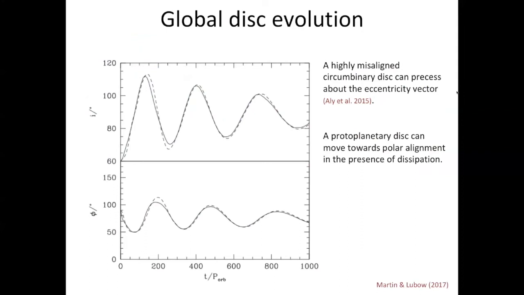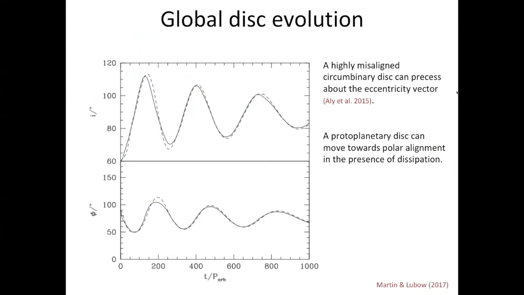This plot shows the inclination and nodal phase angle evolution for a disk that begins at 60 degrees around an equal mass binary with an eccentricity of 0.5. We see the tilt oscillations similar to the test particle case, but now they are damped. The disk is moving towards what we call polar alignment.